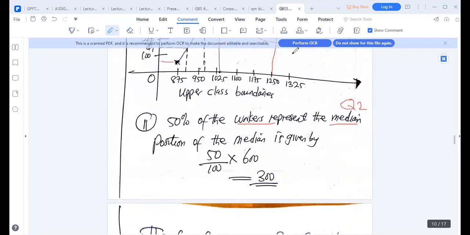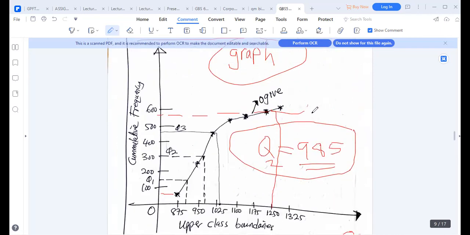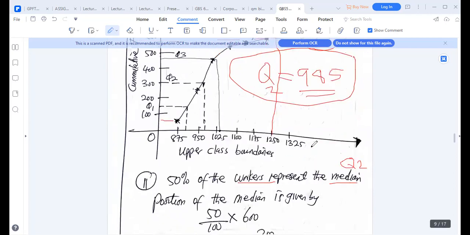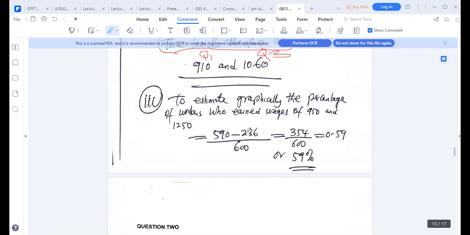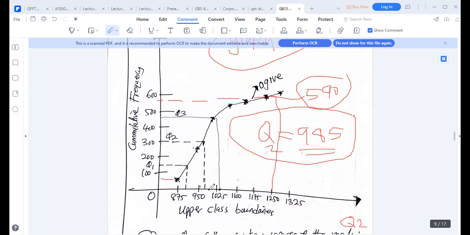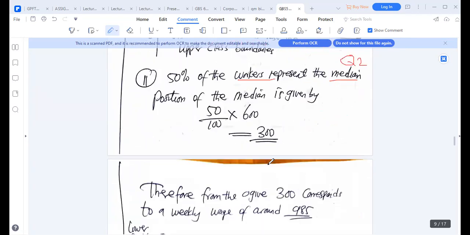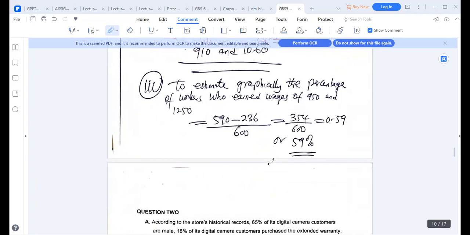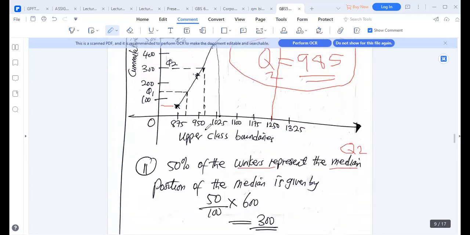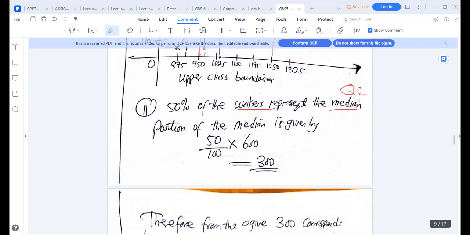So we have 590 at this point, and then the other one for 950 is approximately 236 from the graph. So 236 for 950. We can now substitute here and find the number of workers.